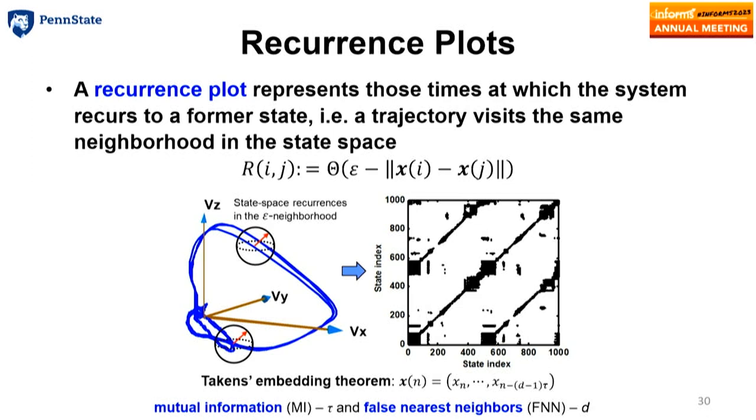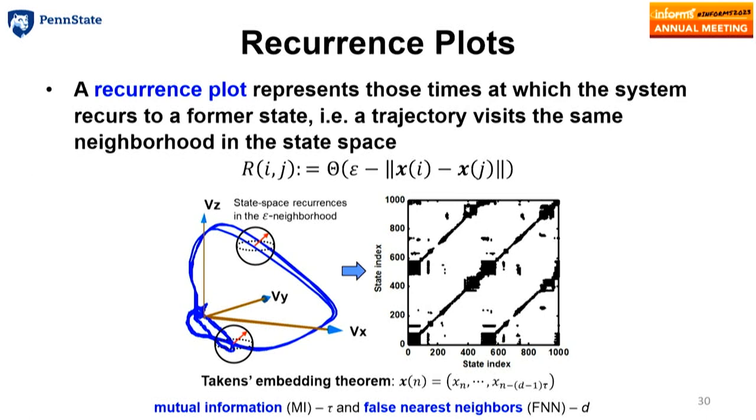That is, a trajectory visits the same neighborhood in the state space. This is a state, and we can go into different areas, and then we come back. This is a recurrence. And for example, this is a state. And then when it comes back, I will mark another dot over here. I will say the system actually returned to this neighborhood.